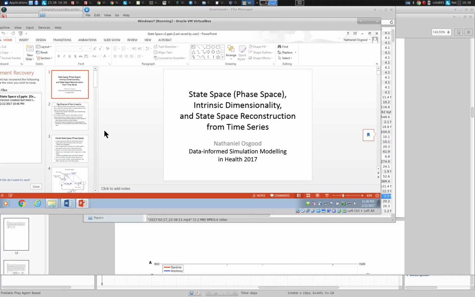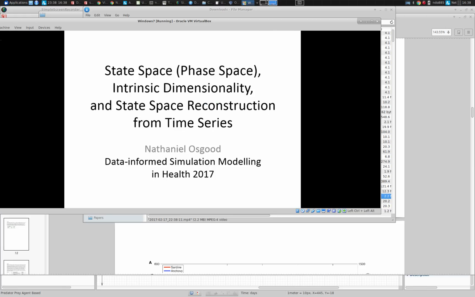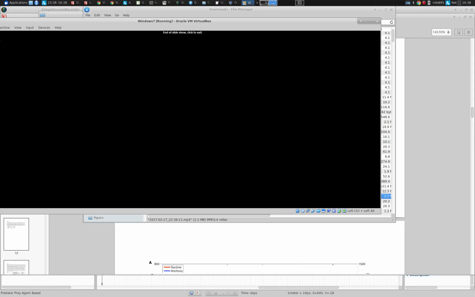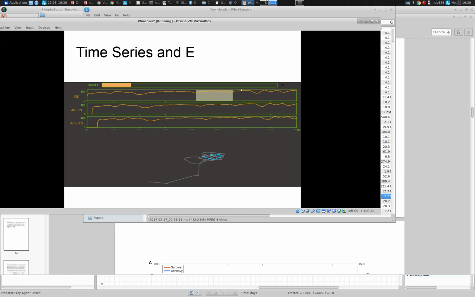And that's exactly what we're trying to model with the tools that we're learning here. It's how to model the drivers for these underlying state space, for these that underlie the observations.